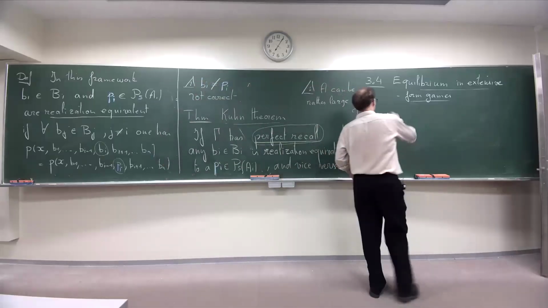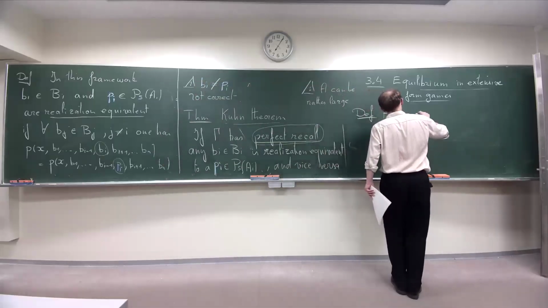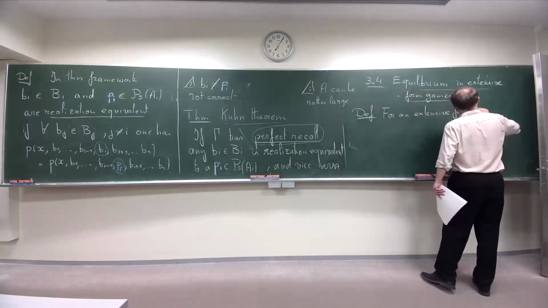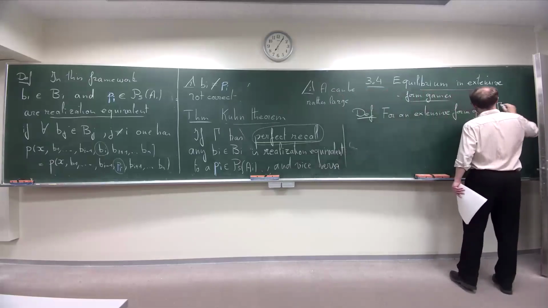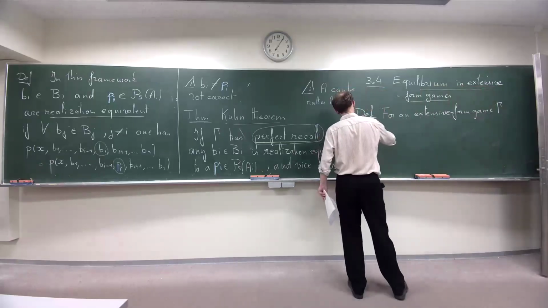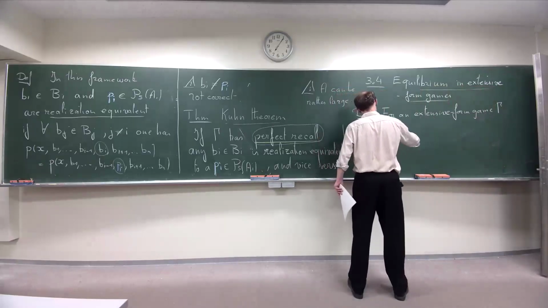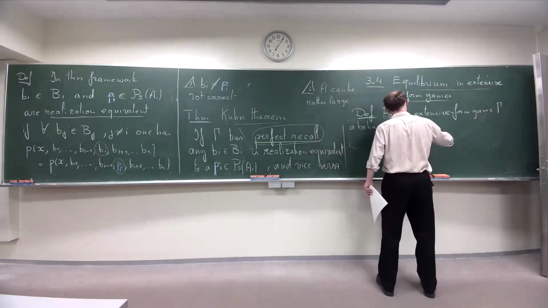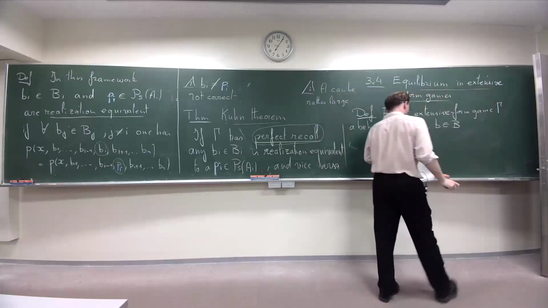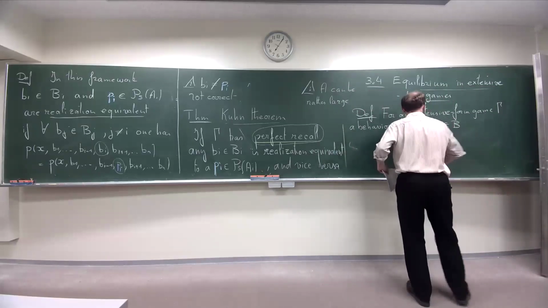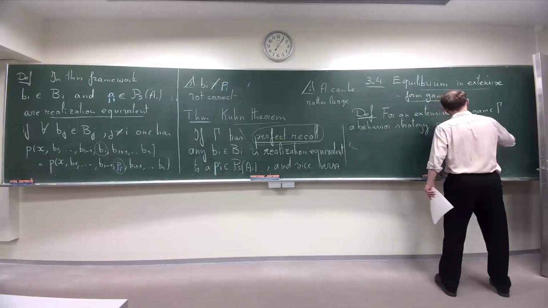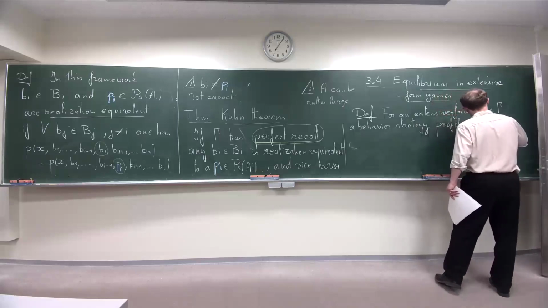So for an extensive form game gamma, a behavior strategy, remember, I use the letter B if it is a behavior strategy profile, B star.